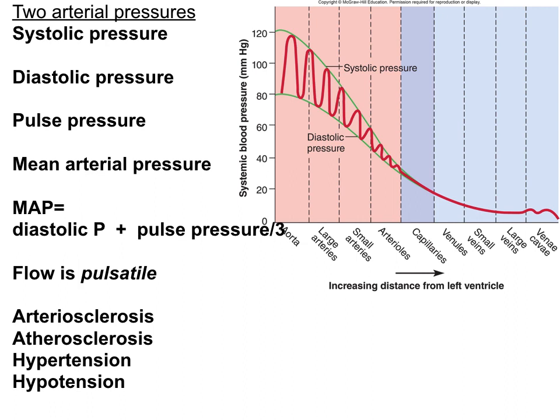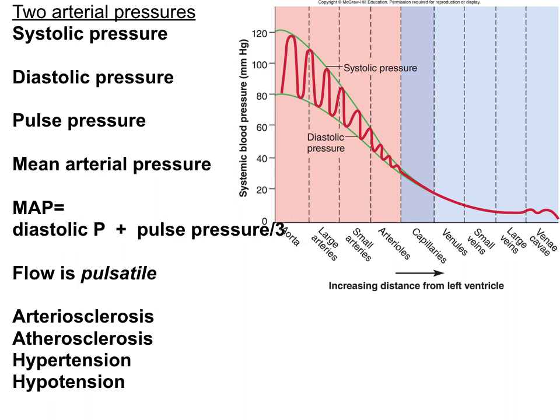Also, these deposits can encourage platelet accumulation, which could lead to the development of an inappropriate clot in the area of damage. If this clot or any of the lipid deposit were ever to break free, it would create an embolus, which would flow through the body and potentially lodge in a smaller vessel and lead to a lack of blood flow and tissue death.